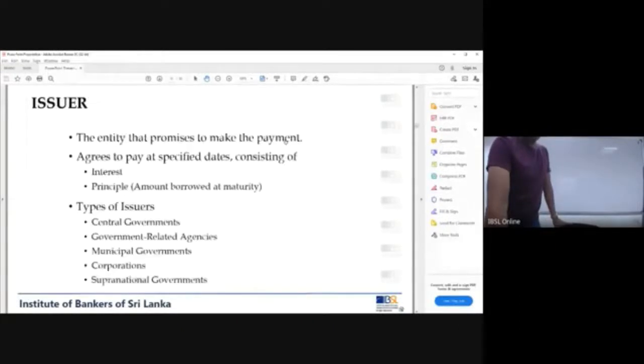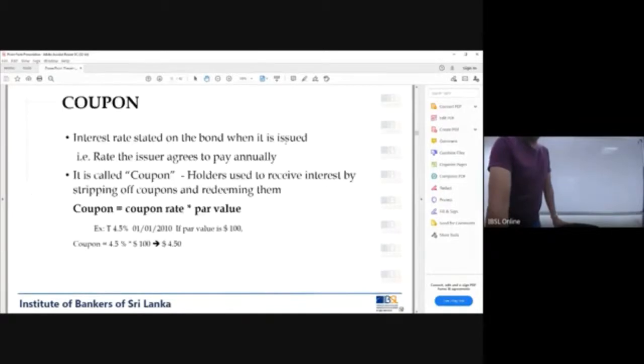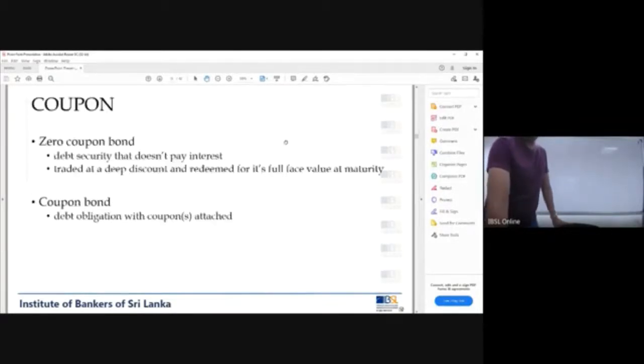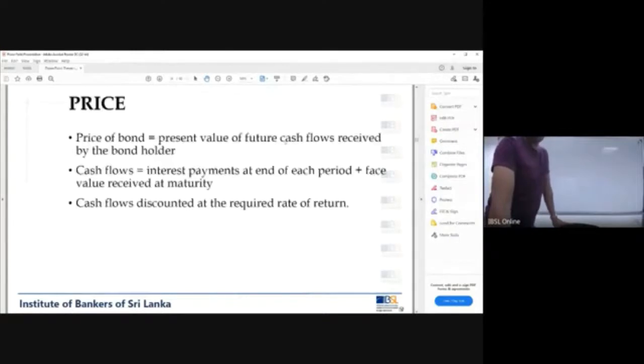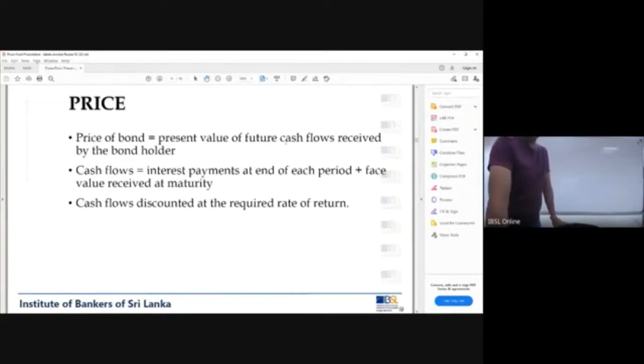The bond terminology. Par value, which is the value you receive when it matures. Coupon is the periodic interest payment. Zero coupon bonds carry no coupons. Then the price of a bond is the present value of cash flows.